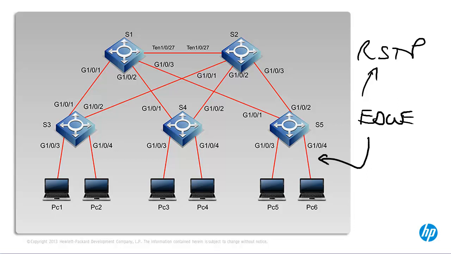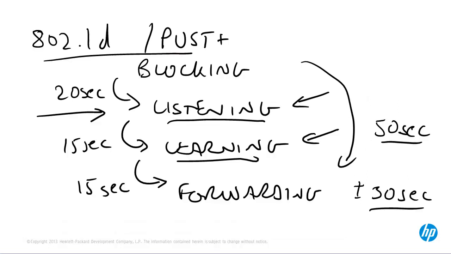Rapid Spanning Tree also increases the speed of convergence using messages between the switches rather than timers. So previously, ports would go through blocking, listening, learning, and forwarding states, which would take a lot of time. With Rapid Spanning Tree, timers are not used. Extensions to the BPDUs are used to increase performance.